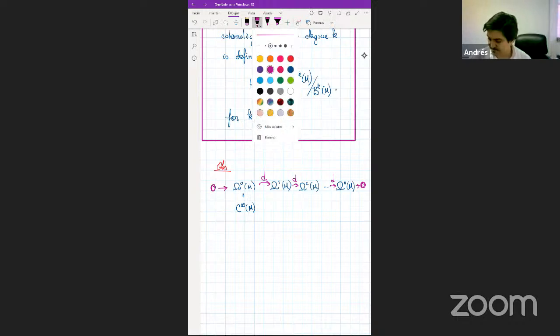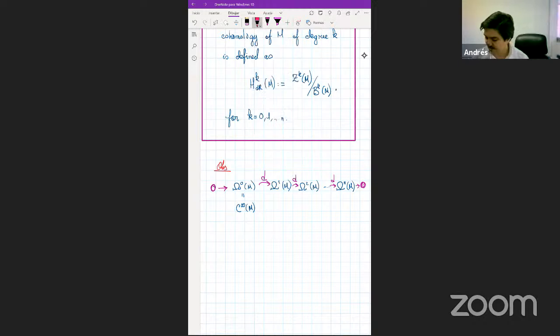Thus, so let's see. What is the image of this map in degree zero?